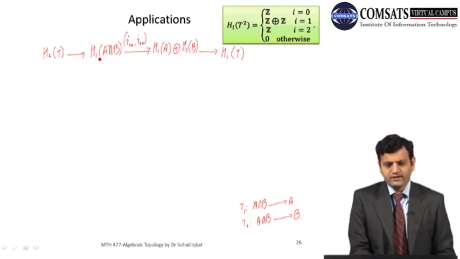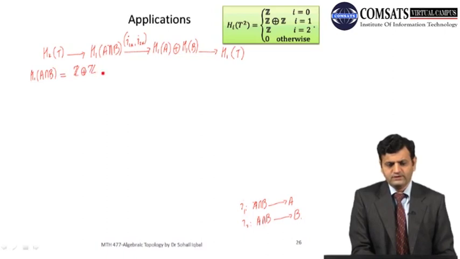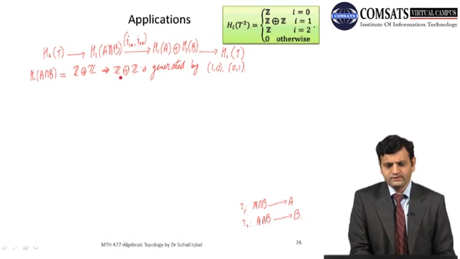Now H_1 of A intersection B is basically Z plus Z, generated by (1,0) and (0,1). Because this is a Z module, these two are the generators of the Z module.